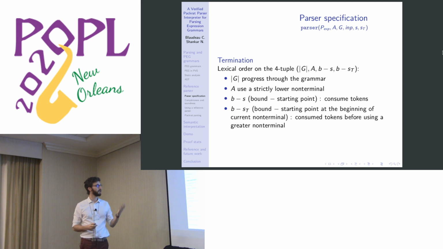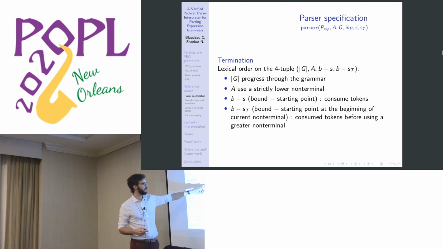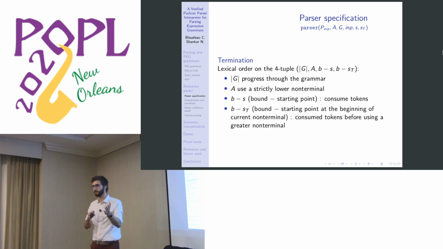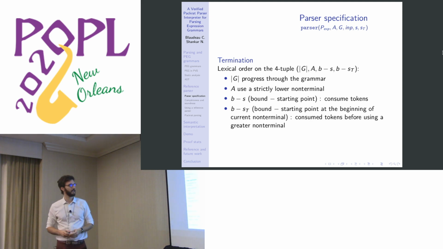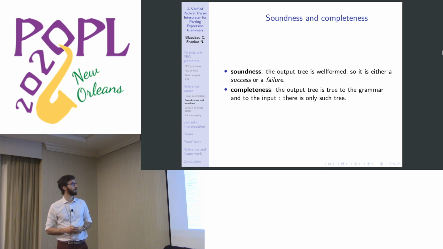The termination is ensured by a lexical order on this four-tuple. Basically, the most complex case is the technical thing with the non-terminal starting index. I won't get into more details, but please ask questions about it if you want.